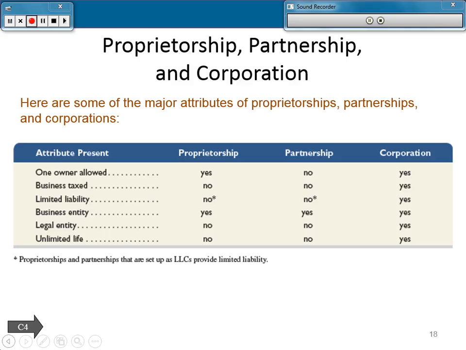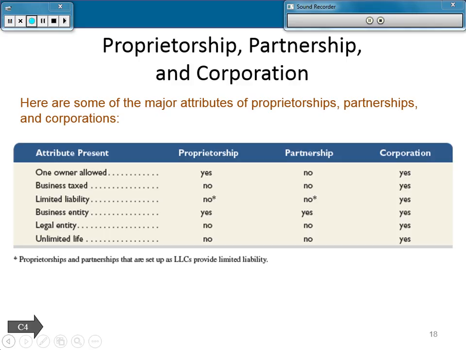No, because when you're a sole proprietor, the liability falls completely on you. Ultimately, it all falls on you. Business entity, yes, it's considered an entity. It's just owned by one person. Legal entity, no, because you're taxed personally for your business items as a sole proprietor.